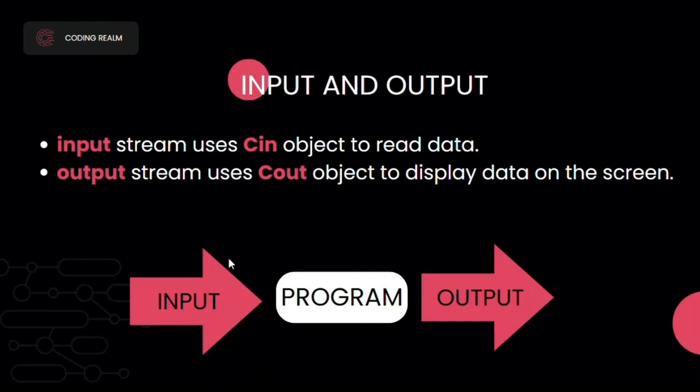The input is when I tell the user, for example, to enter a variable. This is the input. The output is when I display this variable on the screen. We need to show this in an example later.